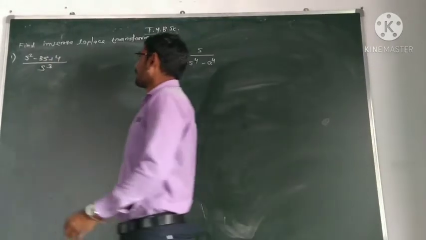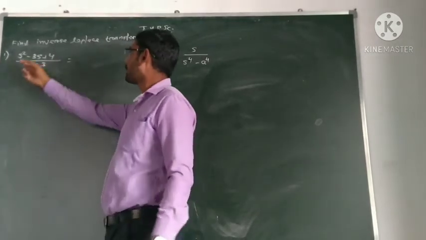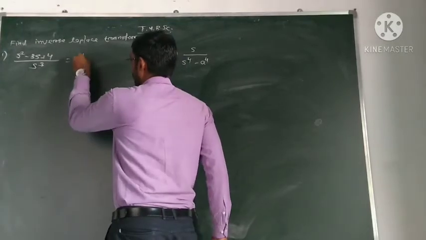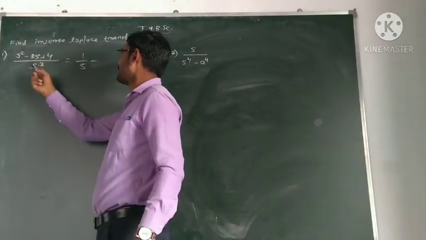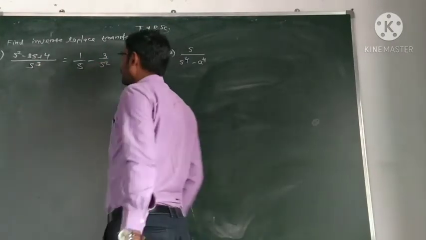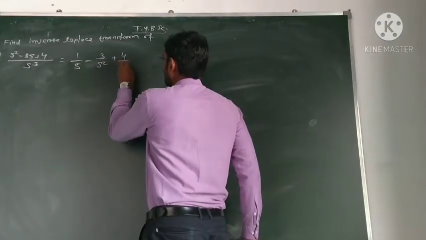Now this is equal to, first we will try to separate the denominator. So s square upon s cube is 1 upon s, minus 3s upon s cube means 3 upon s square, plus 4 upon s cube. Okay.